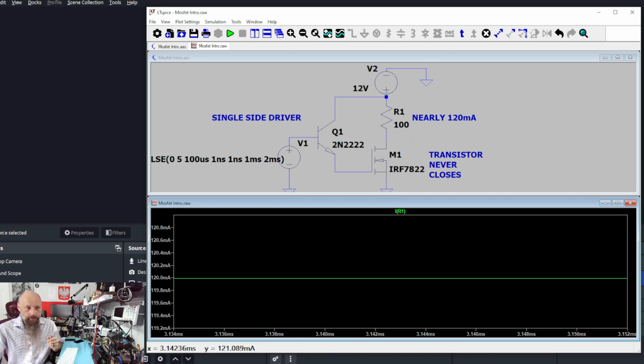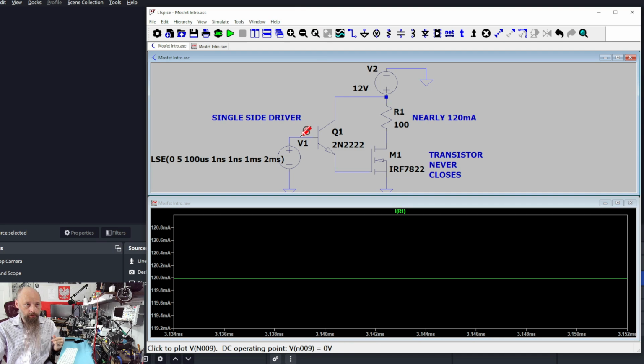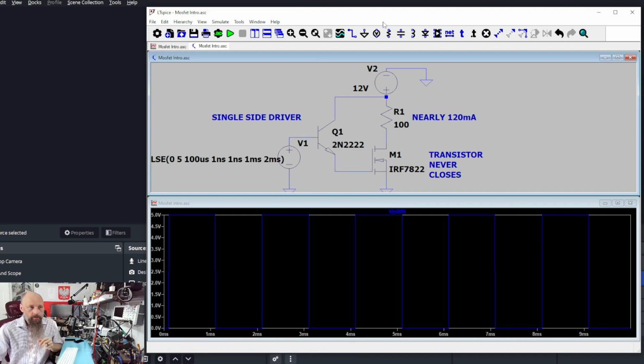Now, the difference is, as I said before, we don't control the current, we control the voltage. Take a look at what's happening here. I called it a single side driver. Our source V1 generates a square signal, 5 volts to 0 volts, the same way as we controlled the regular NPN transistor.